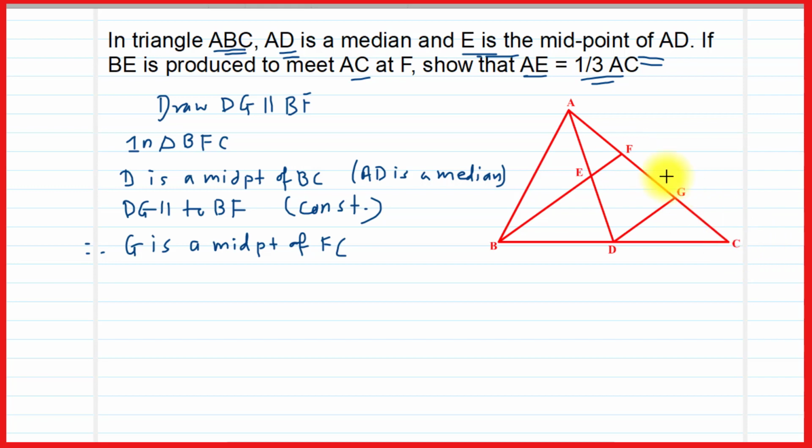Why? Because D is a midpoint and the line DG is parallel to the other side, so it passes through the midpoint of the third side. Since G is the midpoint of FC, FG is equal to GC.